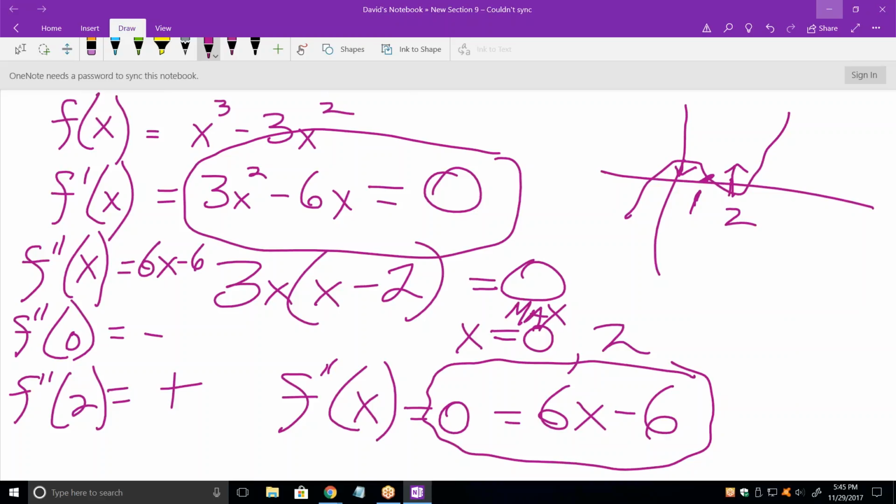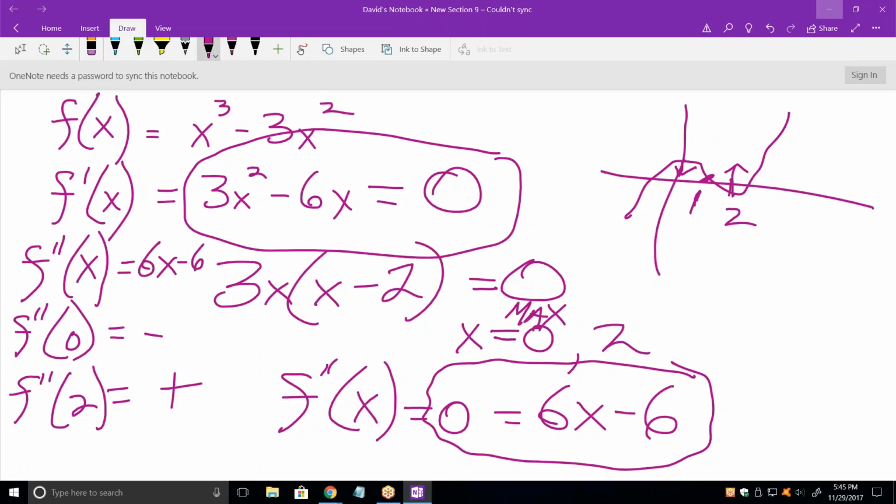So in this problem, we needed the first derivative and second derivative to do all of it. Now, occasionally this second derivative test will not tell you whether it's a maximum or a minimum because it won't always come up positive or negative. Sometimes it comes up 0.